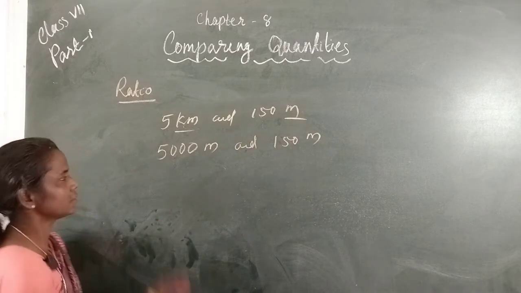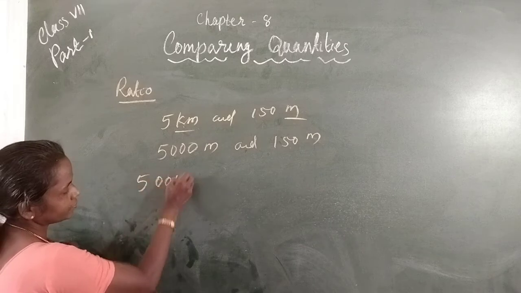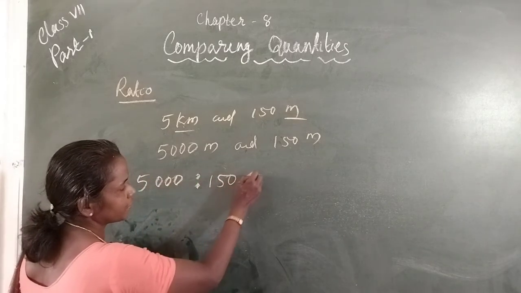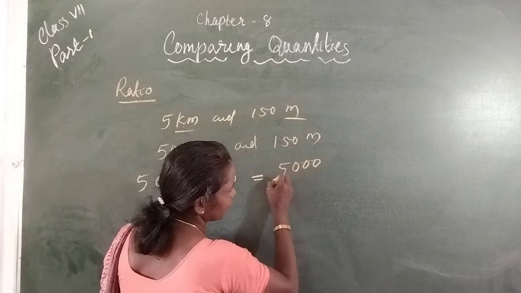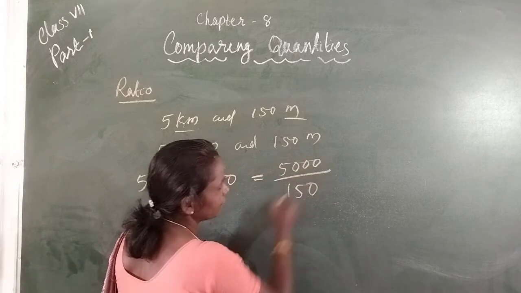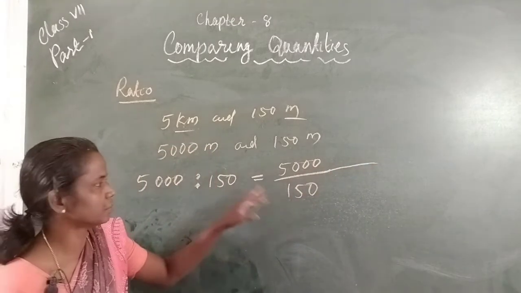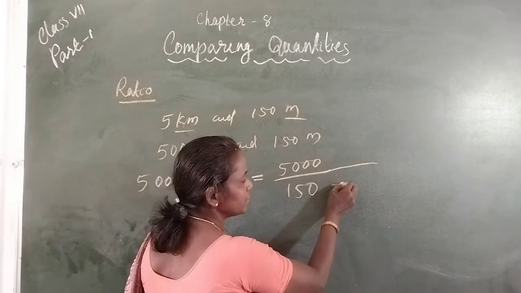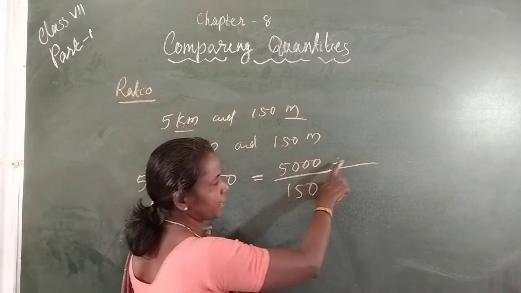Then next find out the ratio. 5000 is to 150. Then we can write 5000 by 150. How to write its ratio? It means these numbers are divided by the highest common factor.